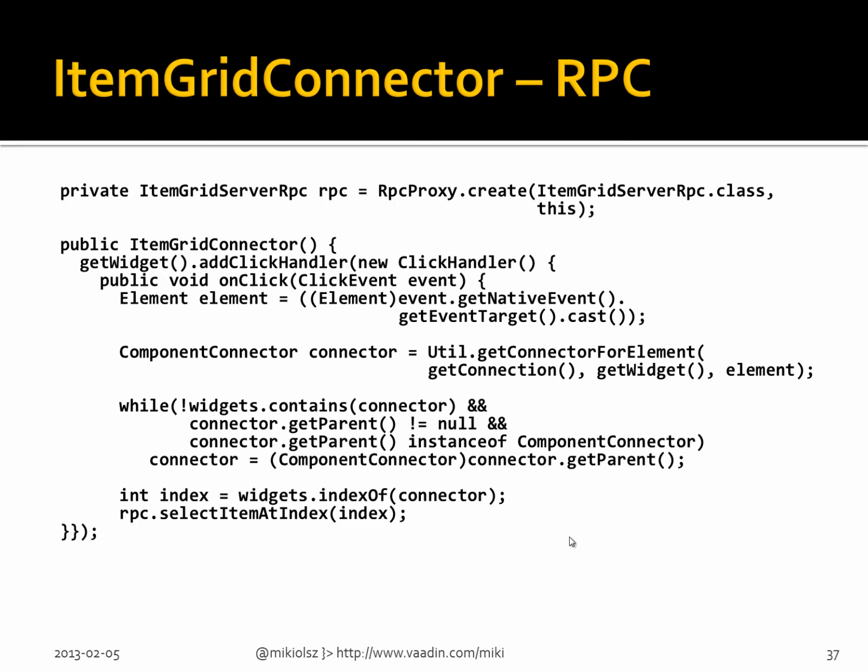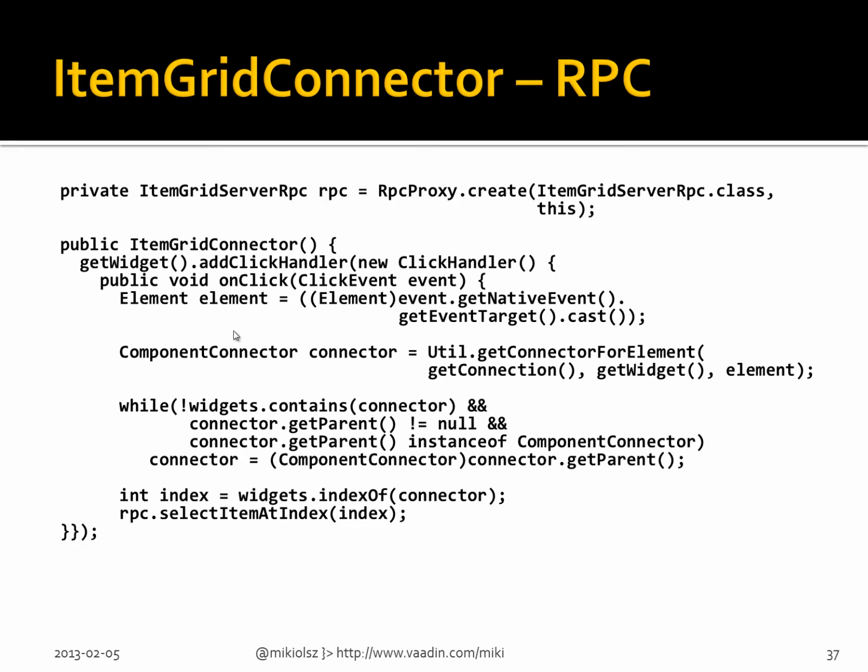This is an example of how it's done. It contains a little trick here as well that you might be using quite often in your widgets. When we are constructing the connector, we get the widget and add a click handler to it. So we will be listening to whatever clicks happen to the widget in the browser, so that our client-side code can capture them and react.